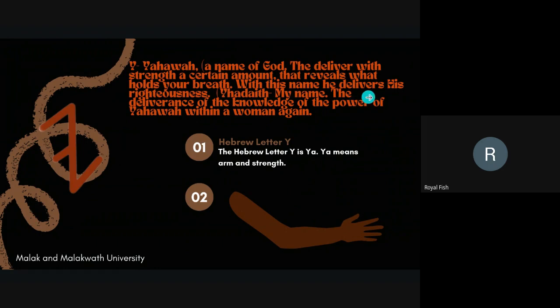So with this name, he delivers his righteousness. So Yahweh is to deliver or the deliverer of the breath that reveals how we are held together or how we are held within him. So he sends many prophets in his name of Yahweh.